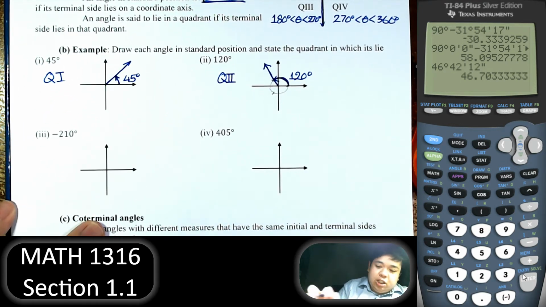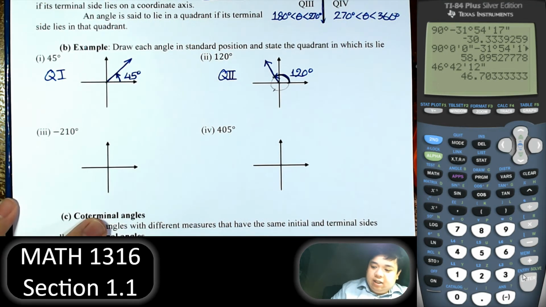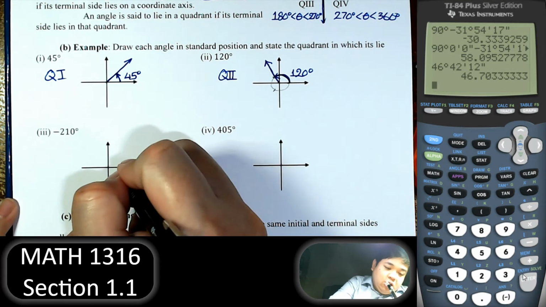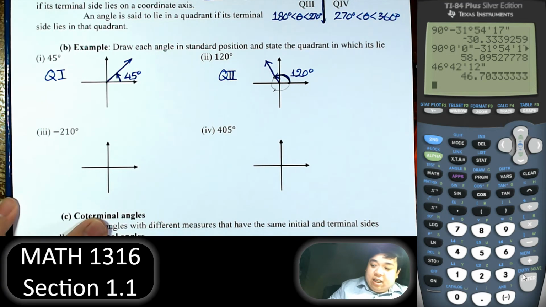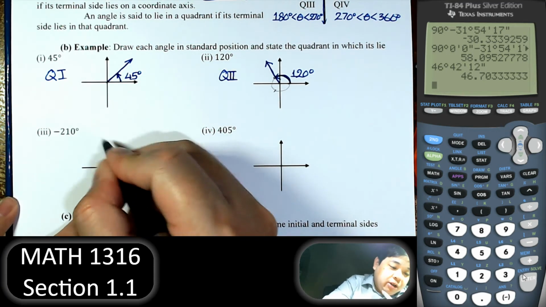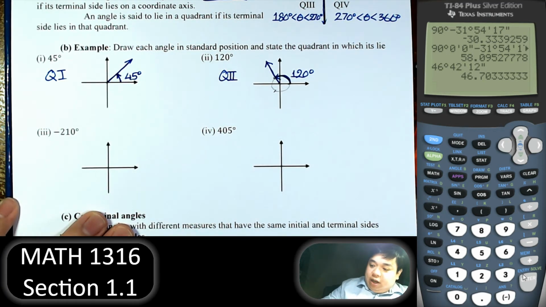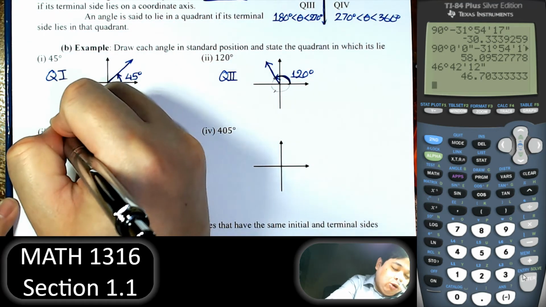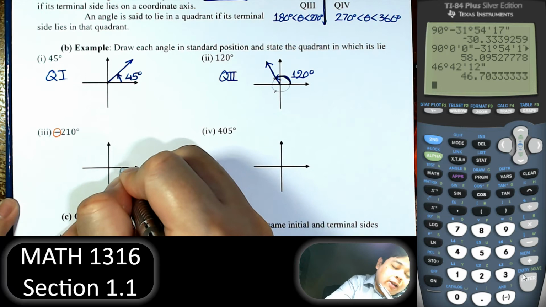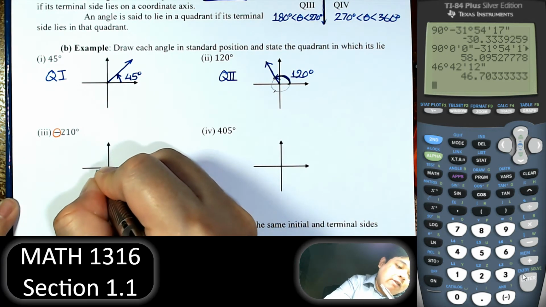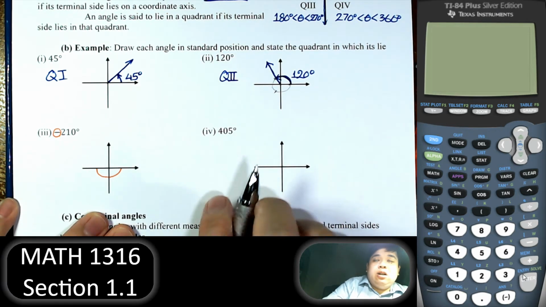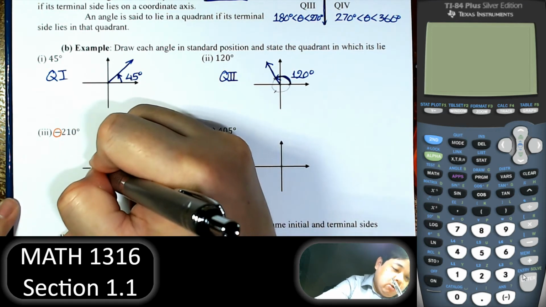Negative 210. A straight angle is 180. So this is a little more than a straight angle, but this is a negative angle, so we have to go clockwise now. That gives us 180 degrees, a straight angle, and then it goes a little more.